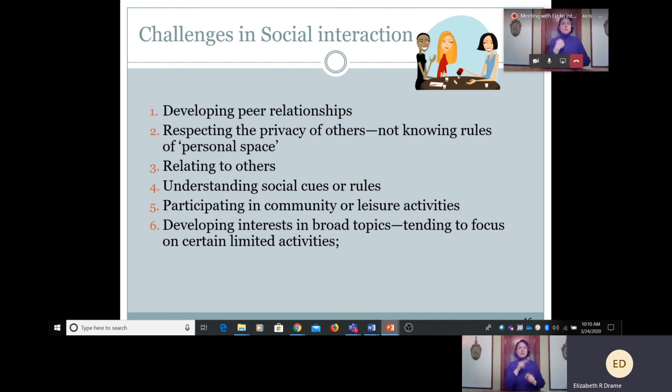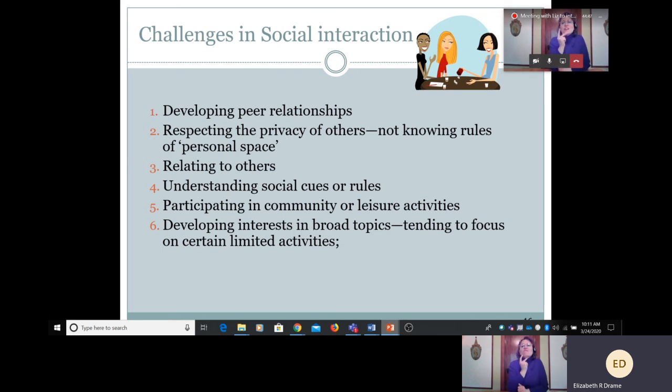We're looking at social interaction right now, and there are lots of challenges with social interaction, some of them listed here. Developing relationships may be a challenge, as may understanding proximity and the rules of social space and personal space. When you think about language and interaction, a lot of times people say probably 90% of communication is nonverbal.